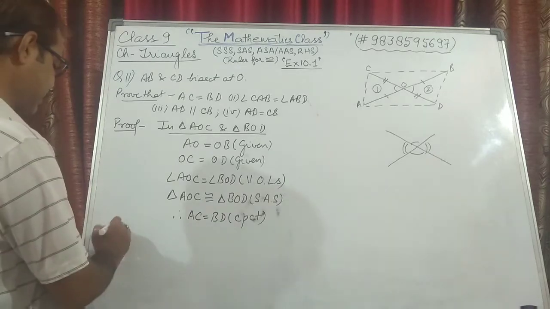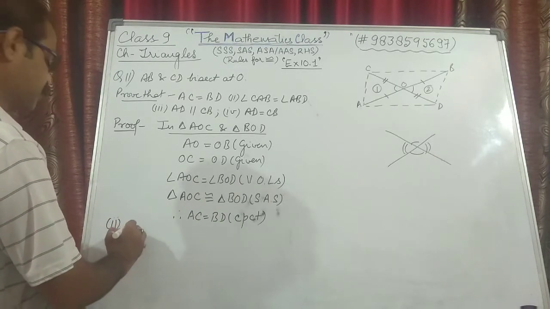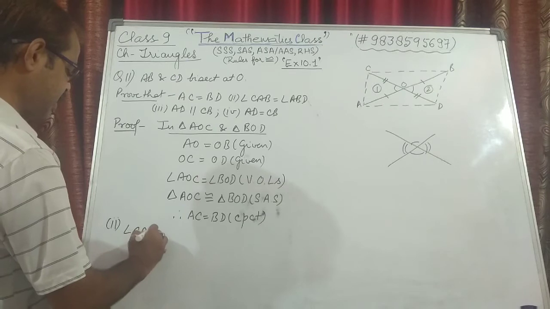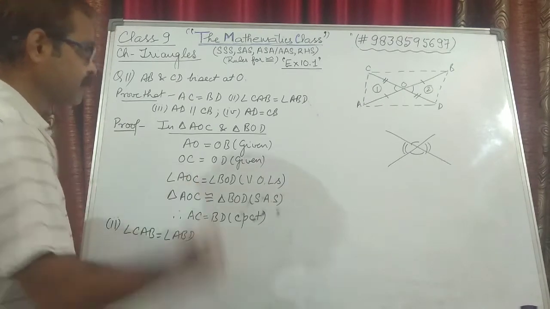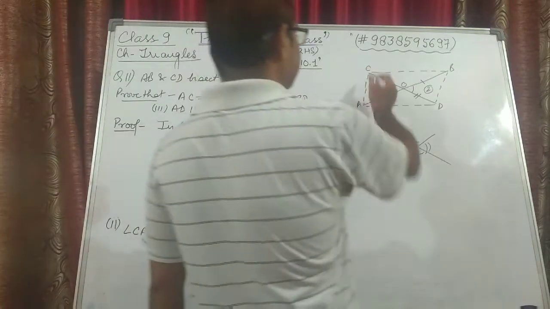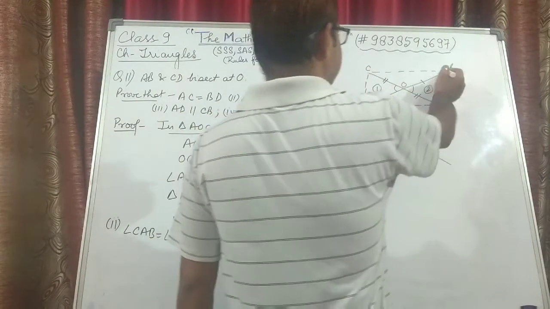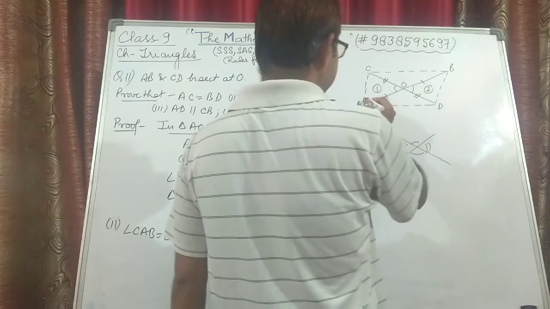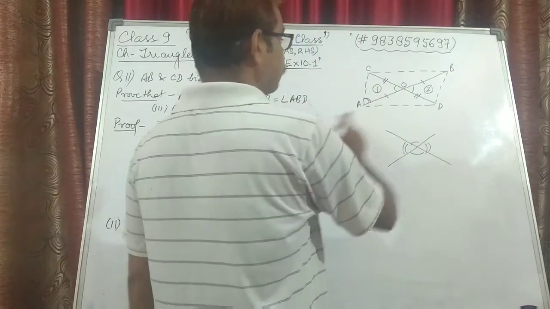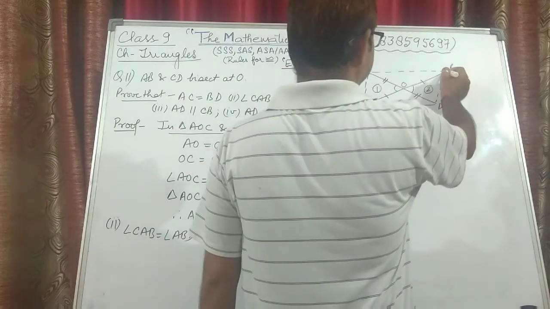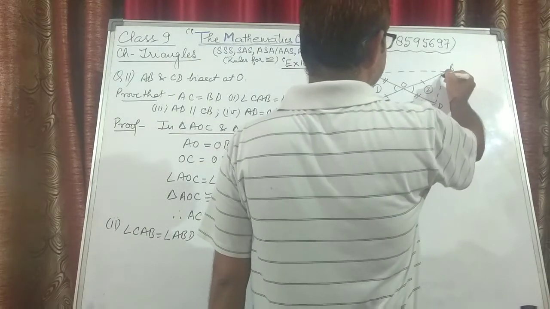Now we move on to the second part. They say prove that angle CAB is equal to angle ABD. CAB means this angle is equal to angle ABD, which means this angle.